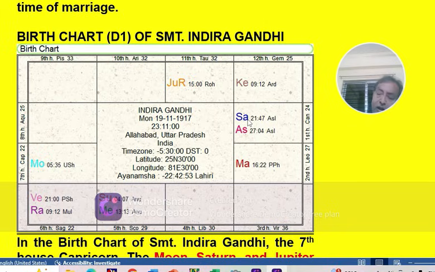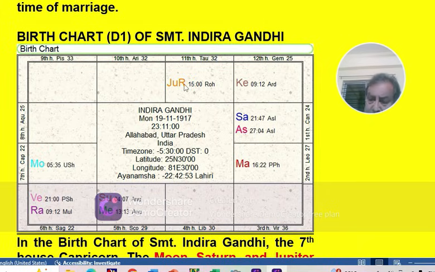Saturn is the Lord. So the Lord of the 7th house is Saturn. Who is placed in the 7th house? It is Moon. Now jot down Saturn as the 7th Lord, the Moon in the 7th house.